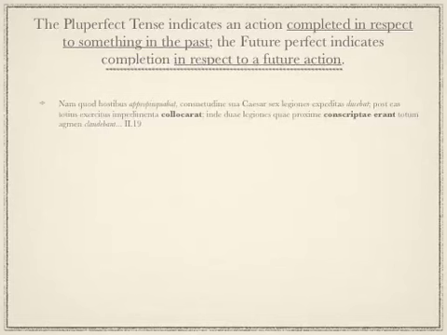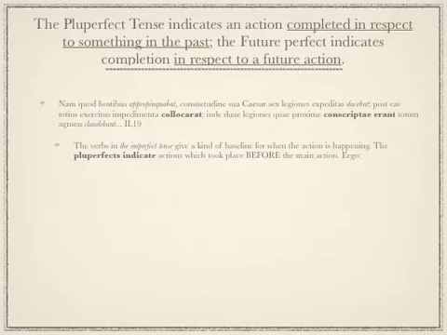So, here we have a pluperfect. Nam quod hostibus apropinquabat consuetudine sua Caesar sex legionis expeditas ducebat, post eas totius exercitus impedimenta collocarat, etc. So the imperfect tense verbs here, because he was approaching the enemy, he was leading 6 light-armed legions, give a kind of baseline.